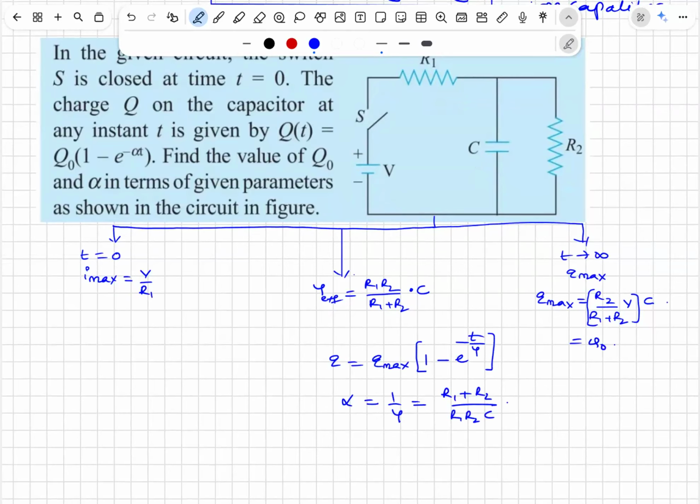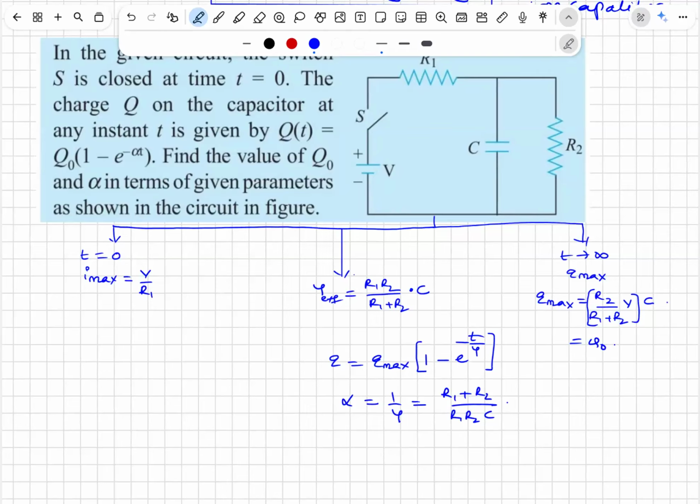Any doubts? Okay, very fortunate that there is no resistance in the path. Any doubt in the entire process of solving this question? I'm asking again. Do you have any doubt in solving this particular question, the entire process? Boys and girls. Right.